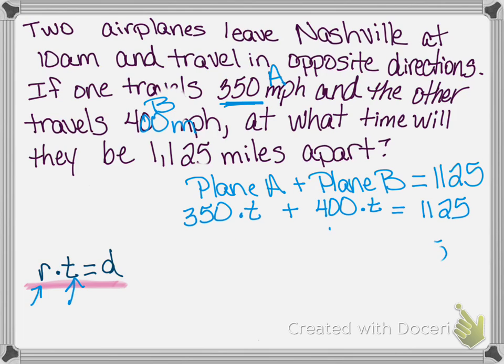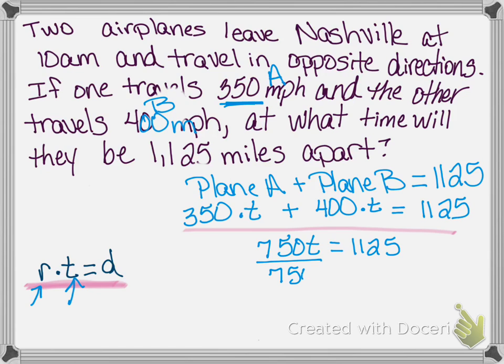This is a problem that I can solve. 350T plus 400T is 750T. To solve for T, I divide both sides by 750.